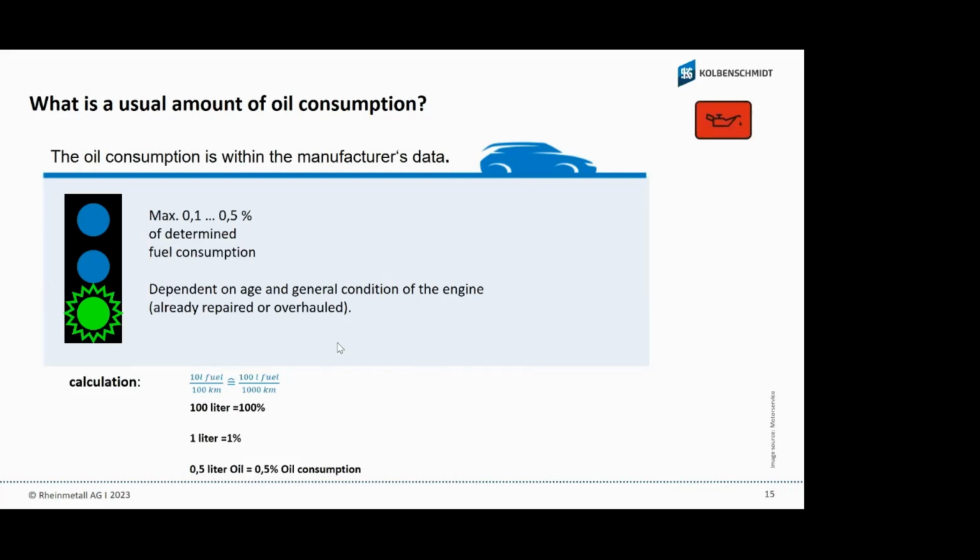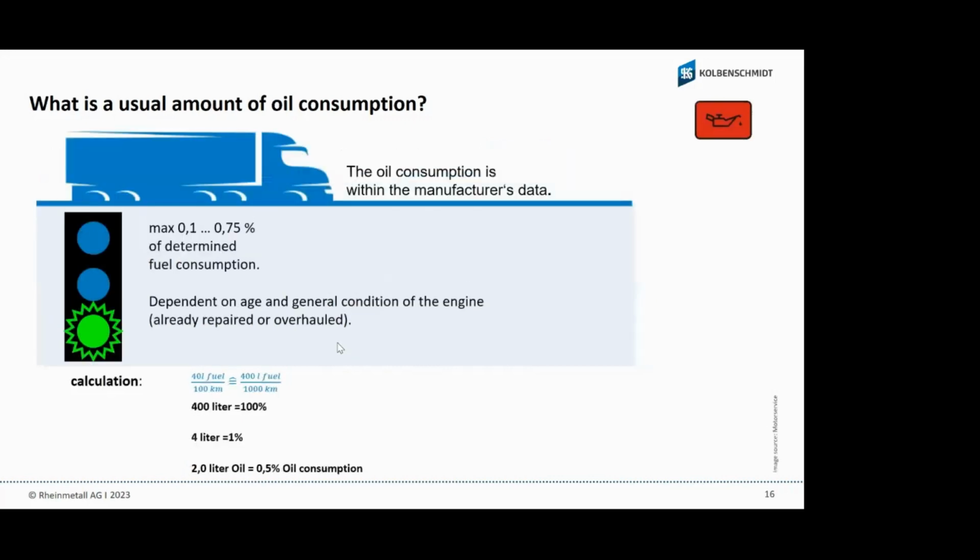When we look at off-highway engines or truck applications, they say 0.1 to 0.5%. MAN also had 0.1 to 0.5% before, but now they have changed it and say 0.1 to 0.75%. It goes a little bit higher. In the calculation, a truck engine on the road uses maybe a little bit less, 35 liters per 100 kilometers, or 40 liters per 100 kilometers, depending on the application.